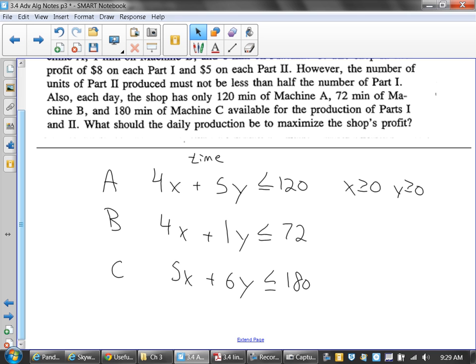Now comes the weird part. It said that part 2 must not be less than half the number of part 1.